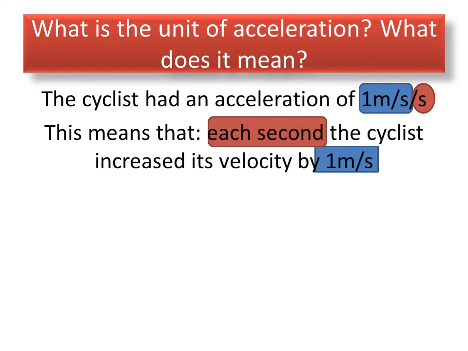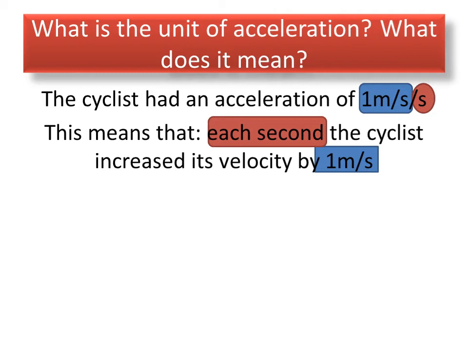Now I want you to understand what we mean by the unit of acceleration. What does it mean? It means that the cyclist throughout the trip was moving at 1 meter per second squared. I have put it into different boxes, red and blue, to explain for you.